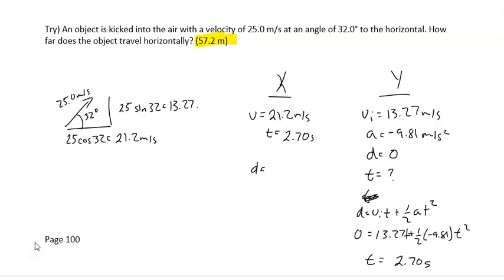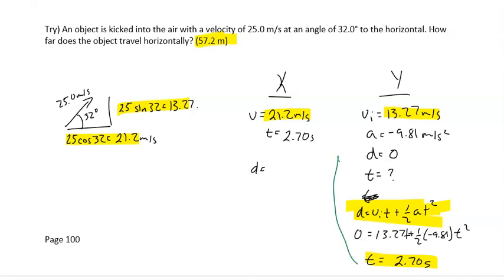Okay, so welcome back. First thing we do here is we separate things into our components so that we can put them into the y and x and fill in our information. With the y direction, we know the initial velocity, acceleration, displacement. We're looking for time. Generating this equation, you should find a time of 2.70 seconds.